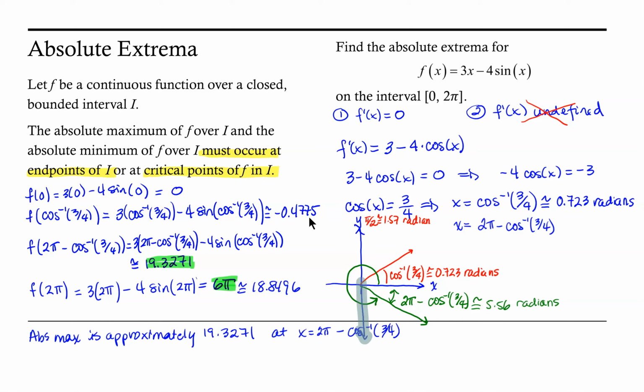And then our absolute minimum is approximately negative 0.4775, and that occurs at x equals arc cosine or inverse cosine of 3/4. I hope you find this helpful.